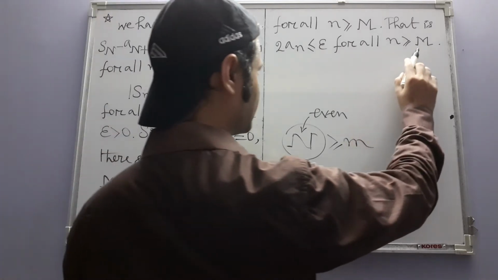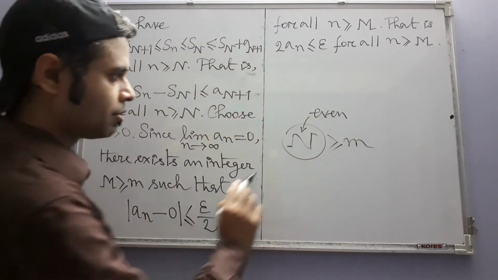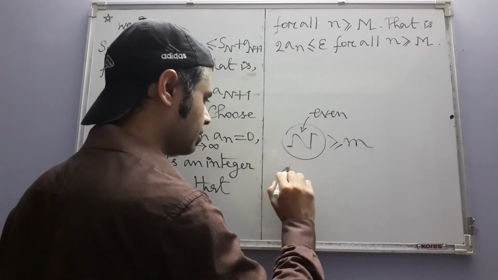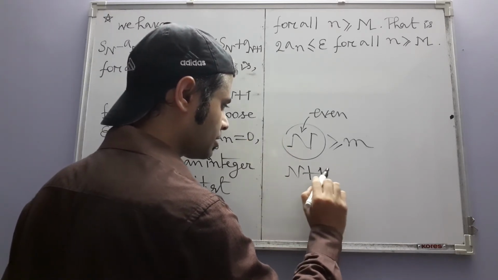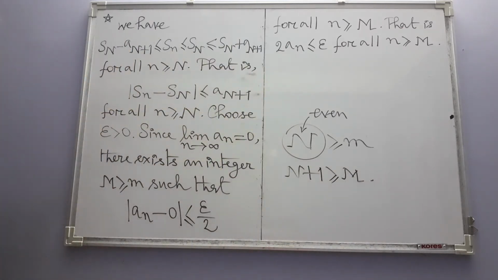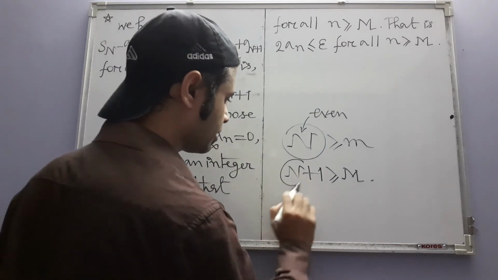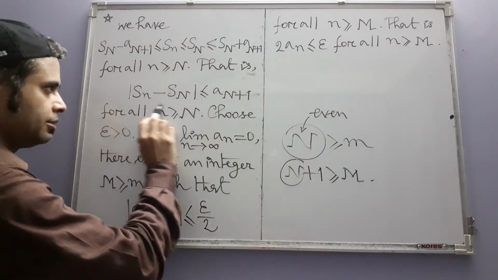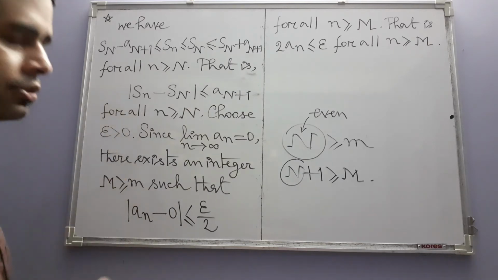So no matter what this integer M is, we can choose one N conveniently which is even and for which N plus 1 is greater than or equal to M. And for that particular N also, all those things will be true, and so ultimately these inequalities will be true for that choice of N also.